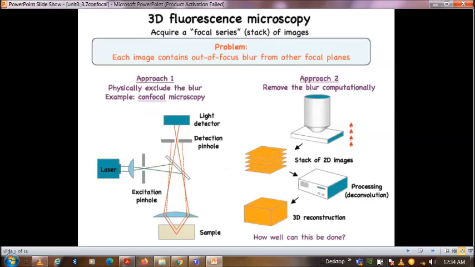And this is the 3D fluorescence microscopy, where each image contains out of focus blur from other focal planes. The first approach is to physically exclude the blur with a confocal microscope. See here, the light detection pinhole is placed over there, and a sample is placed over here.